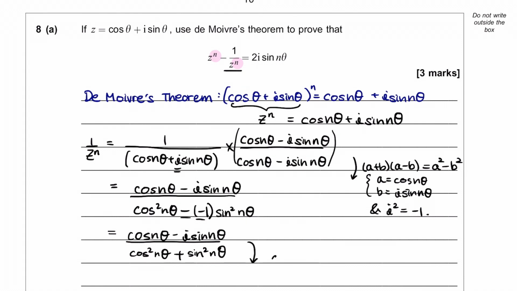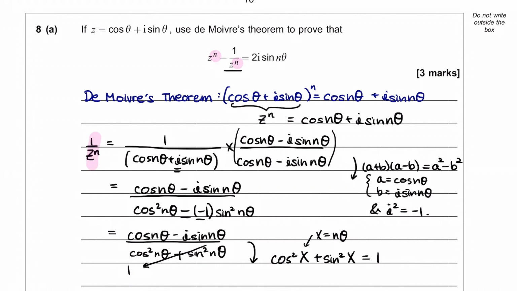And by using the rule where cosine squared x plus sine squared x is always equal to 1, and x here can be anything, for example, our x is n theta, the denominator becomes 1.